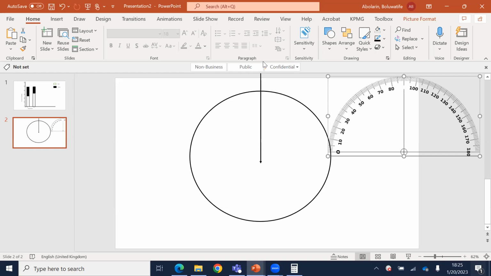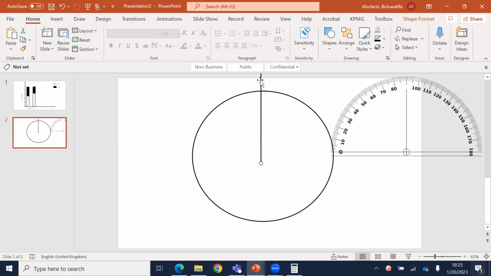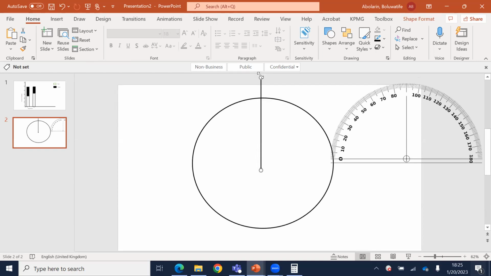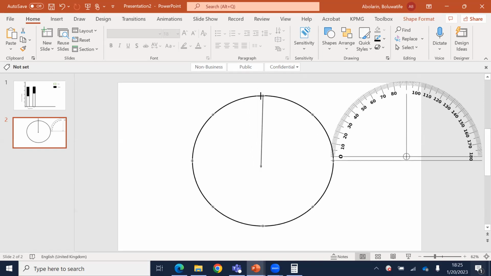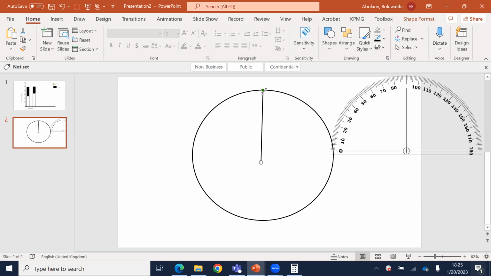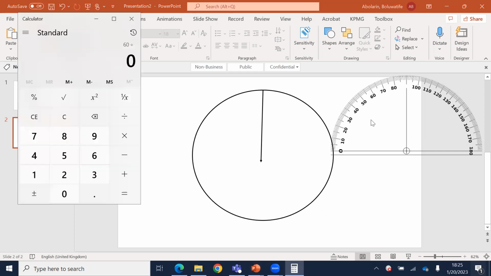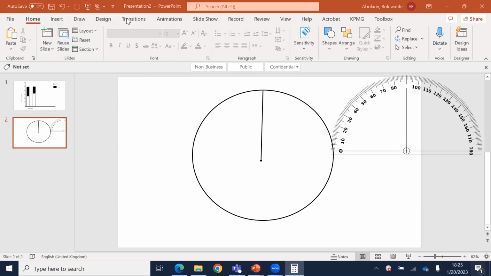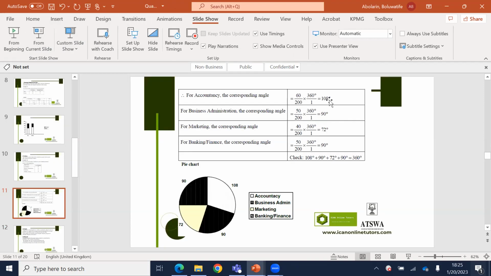So you are going to create a line first. This line should reach this place, so that the circle is inside. So it's just like a normal line you create. So this is how the first line will be. So from this question, the first one is what? 108 degrees.